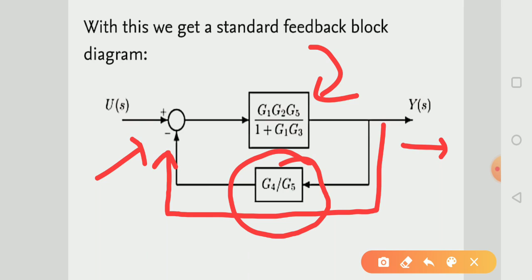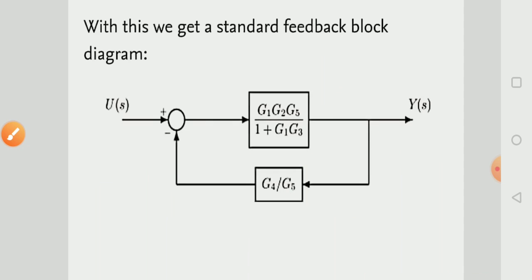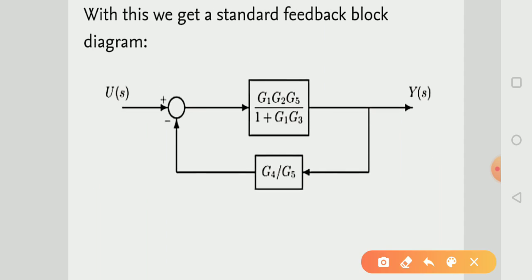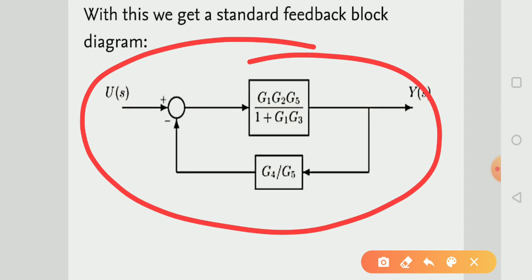So we can see here also there is a feedback loop. So we apply the formula of feedback loop, and we can see that here is a negative feedback loop.